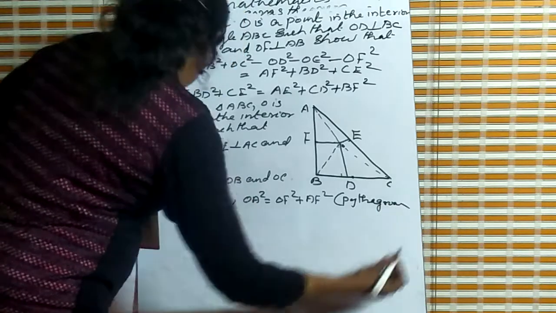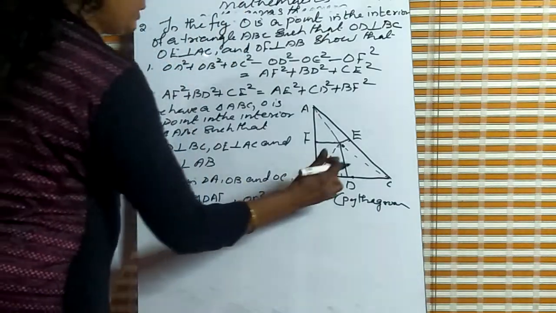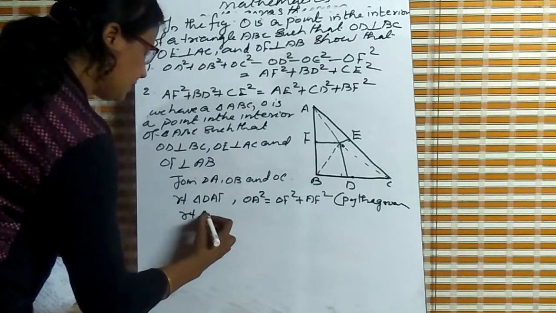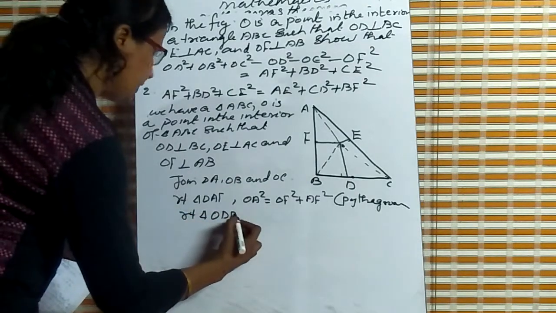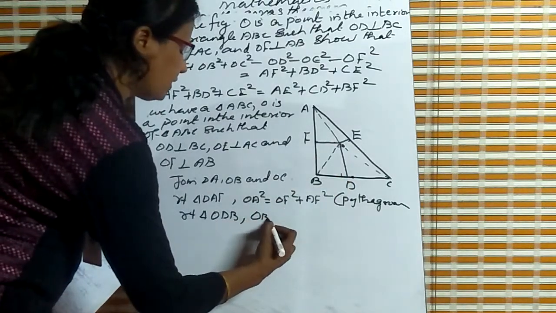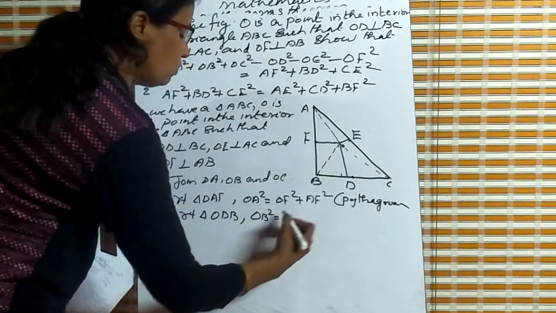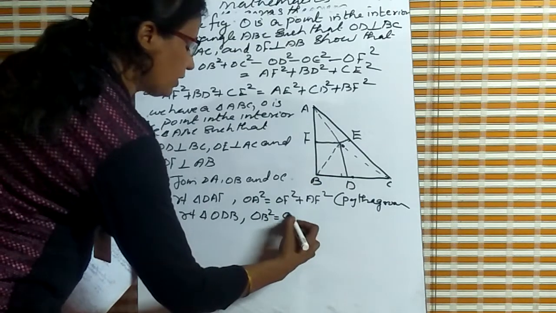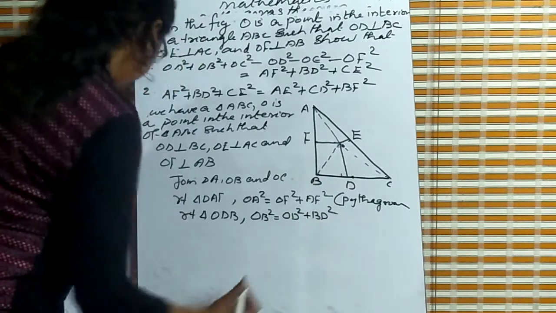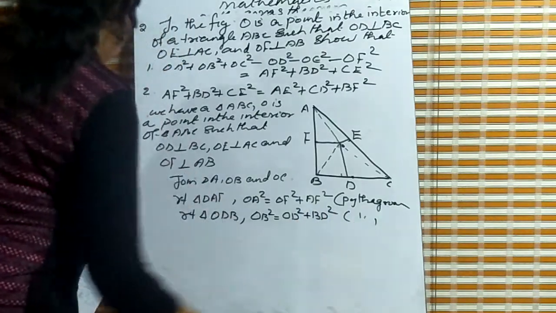Then take the next triangle ODB. From right triangle ODB, what is OB square? OB square is equal to OD square plus BD square by Pythagoras theorem.